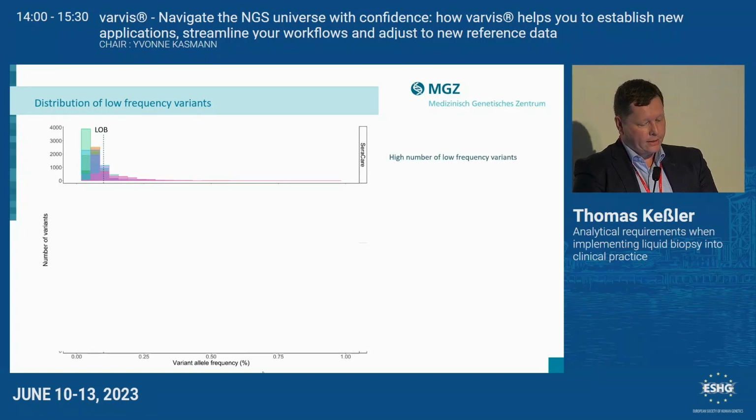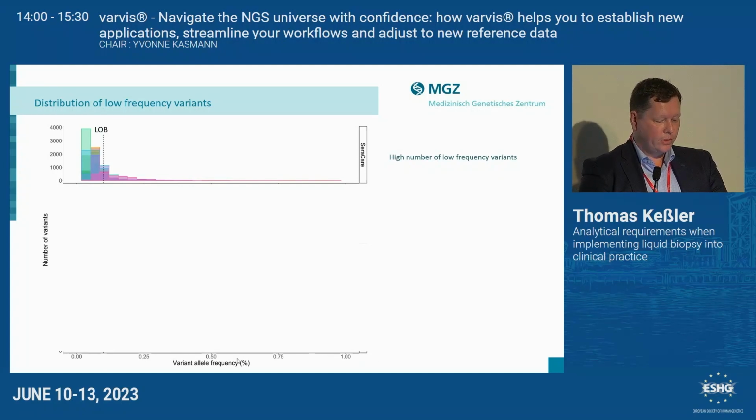On the x-axis here is the variant allele frequency that goes from 0 to 1 in this case. And what you want to have is a limit of blank at the very low end of the variant allele frequency. But it's quite tricky to get this if you have a lot of noise in your reference material.